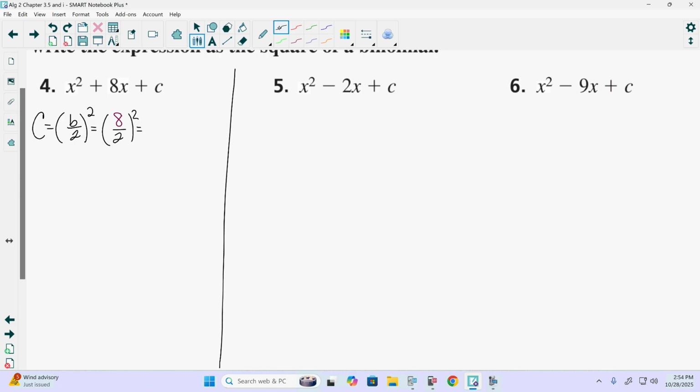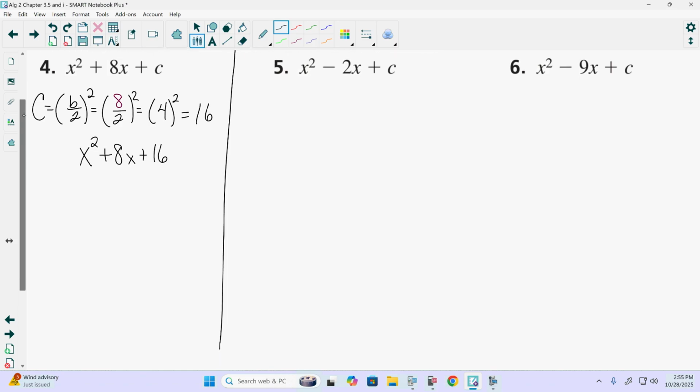Now, 8 divided by 2 is 4. And 4 squared is 16. So we can replace c with that value, telling us that our perfect squared trinomial is x squared plus 8x plus 16. Questions on how we found c?